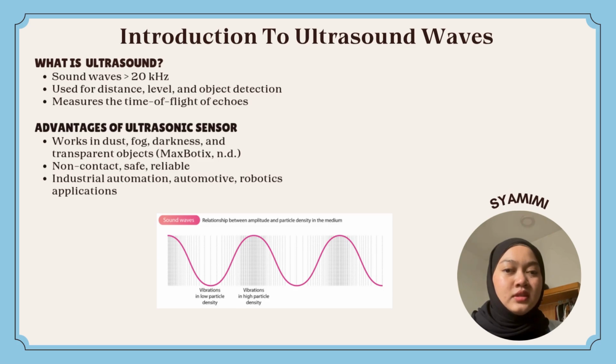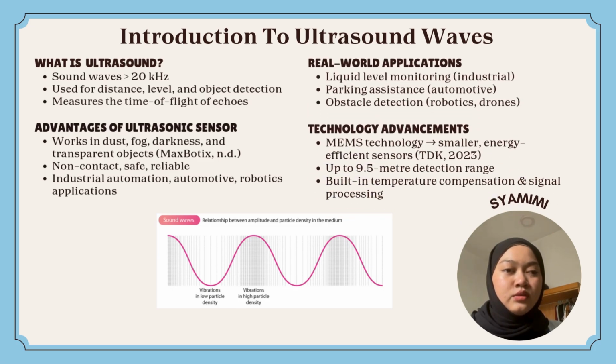Because of this, they are widely used in various industries, including industrial automation, where they monitor liquid levels without contact, in automotive systems for parking assistance, and in robotics for obstacle detection and navigation.